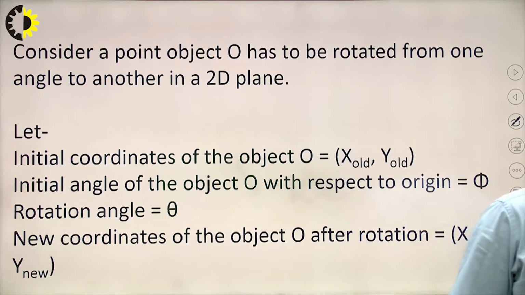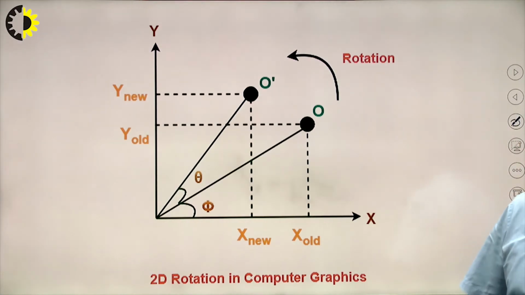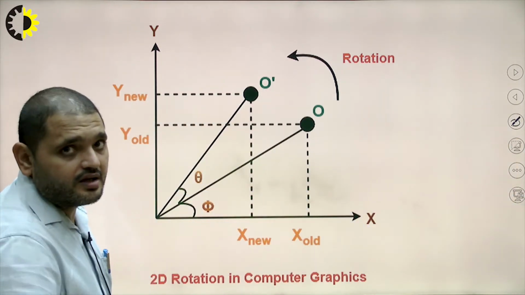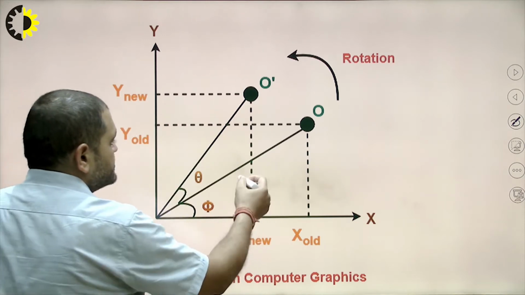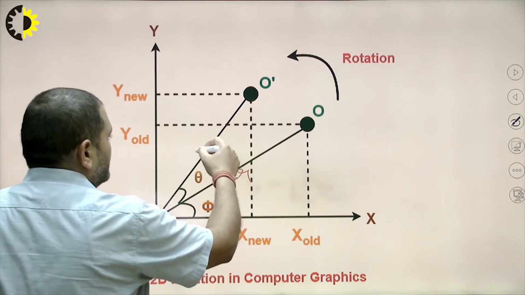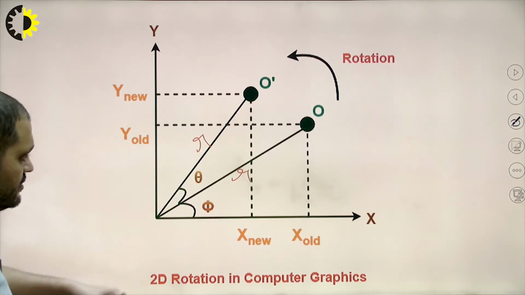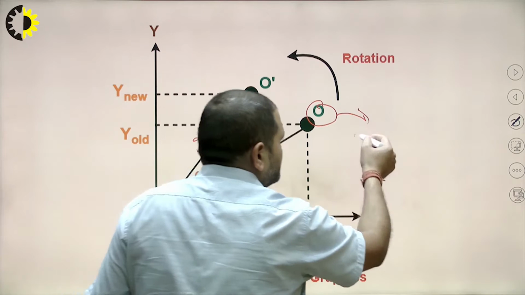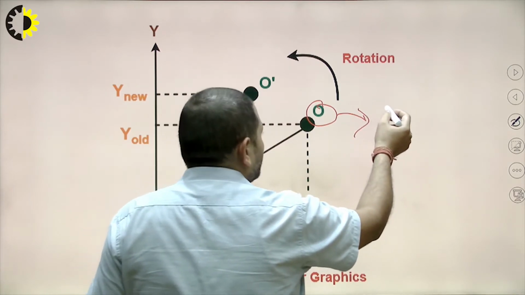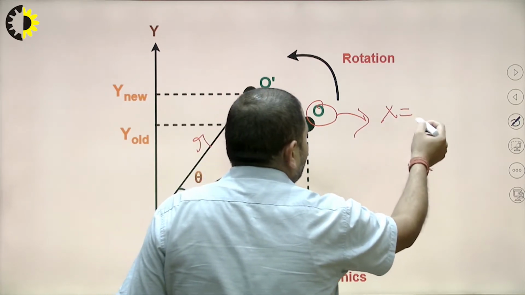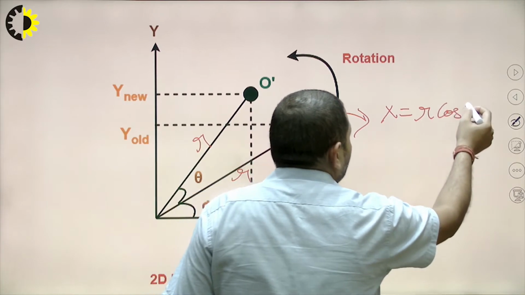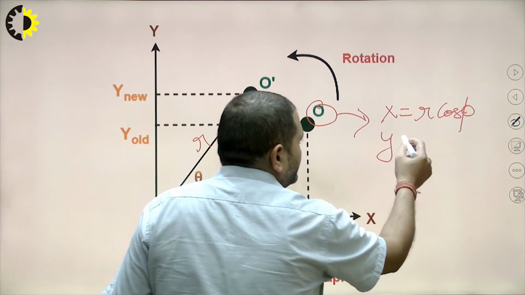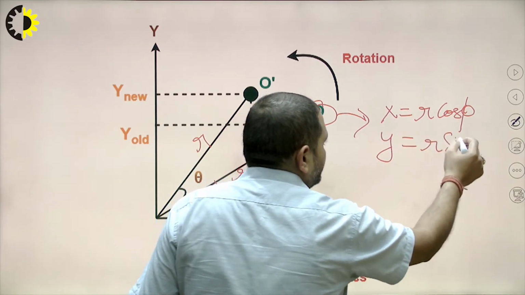If we consider an object, we can come to a figure directly. Let's say the radius remains the same, so this radius is r. Then for this point O, x is r cos phi, where this angle is phi, and y is r sin phi.